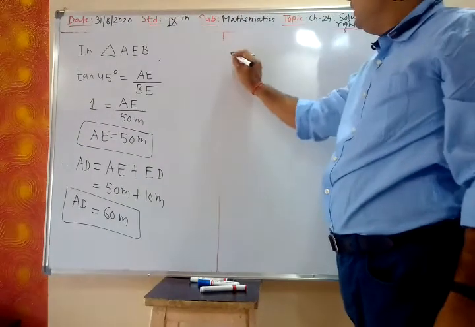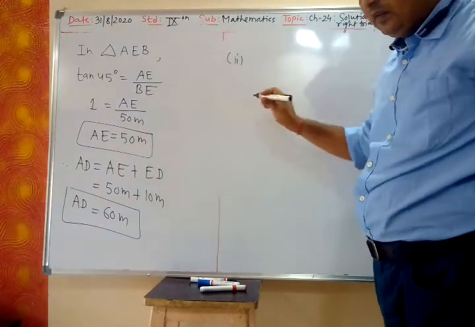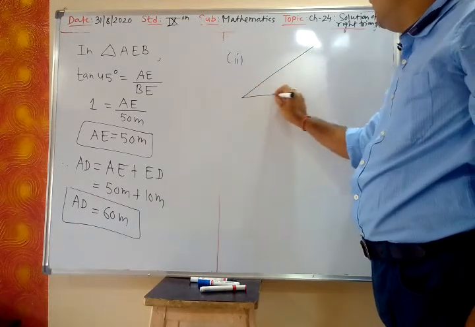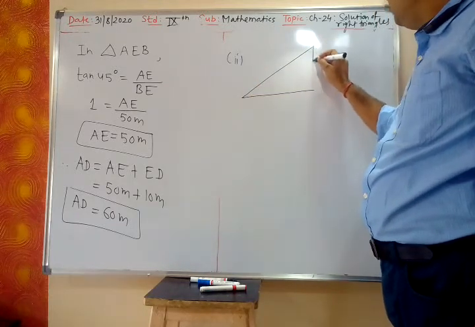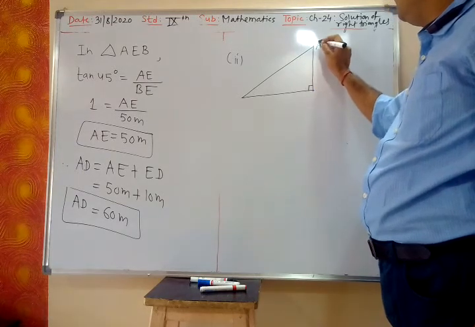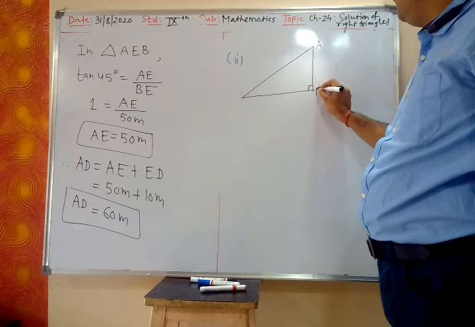We are given the triangle. This is 90 degrees, ADB.